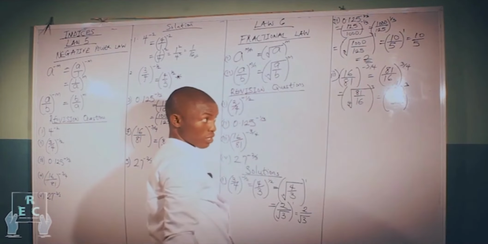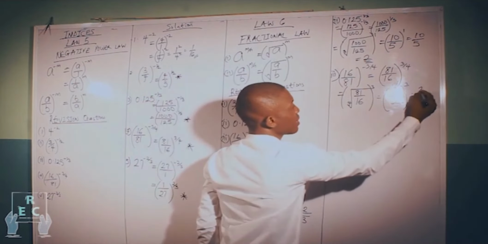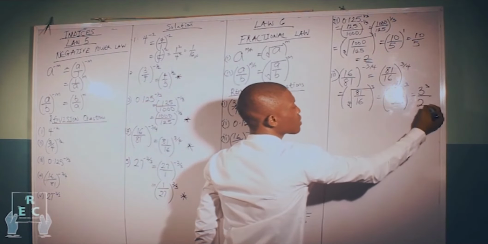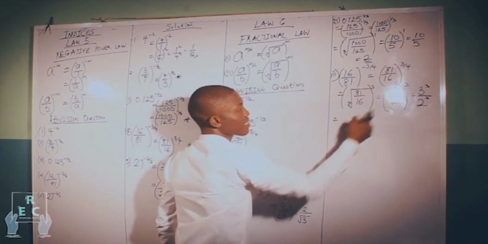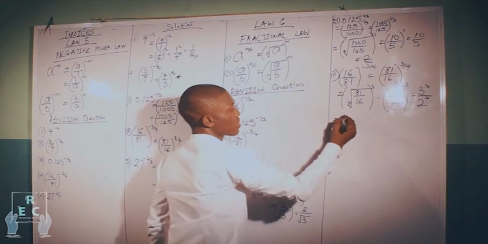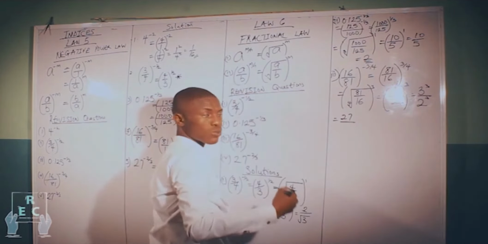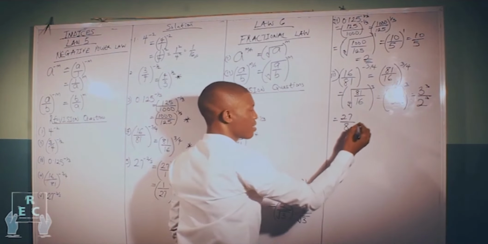Then here we can do justice to this. You can say, using your power law, 3 raised to the power of 3 over 2 raised to the power of 3. 3 times 3 times 3 gives us 27, over 2 raised to the power of 3. 2 times 2 times 2 gives us 8.